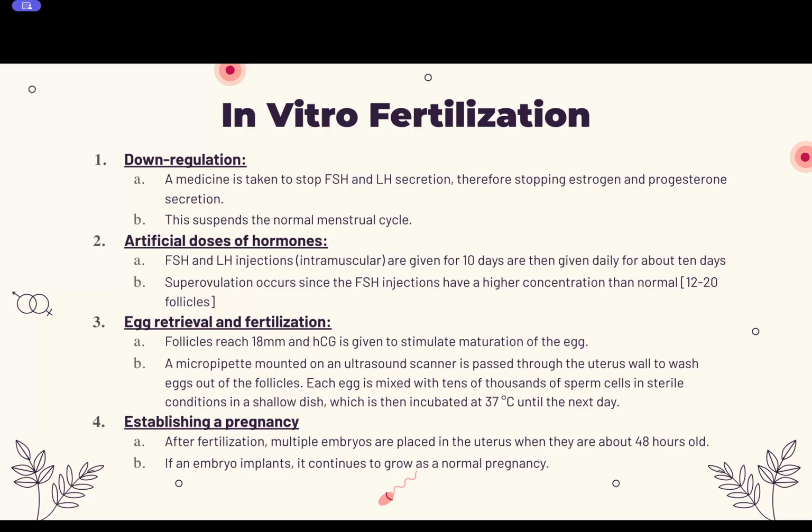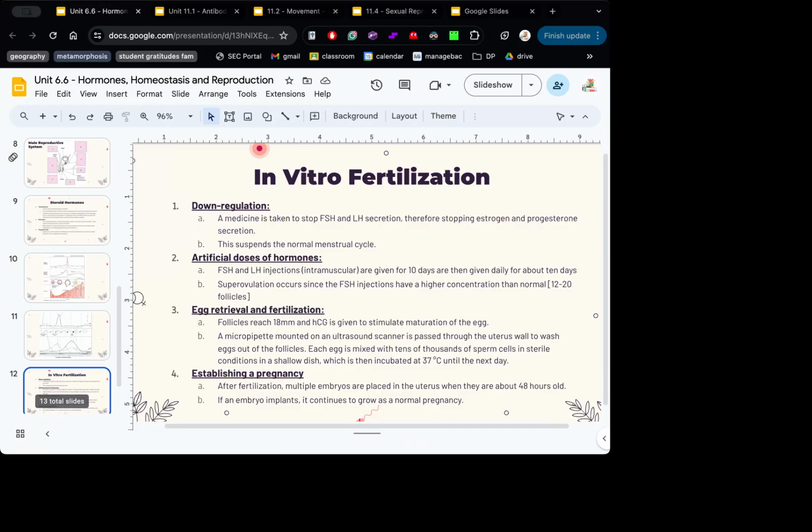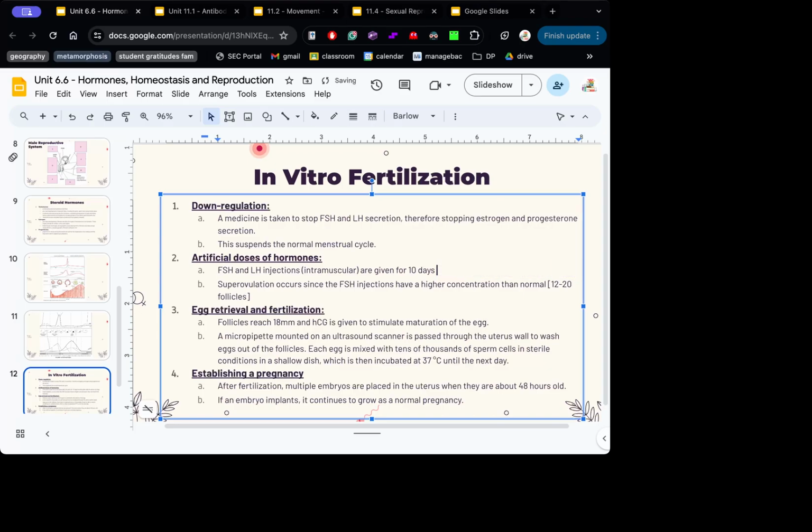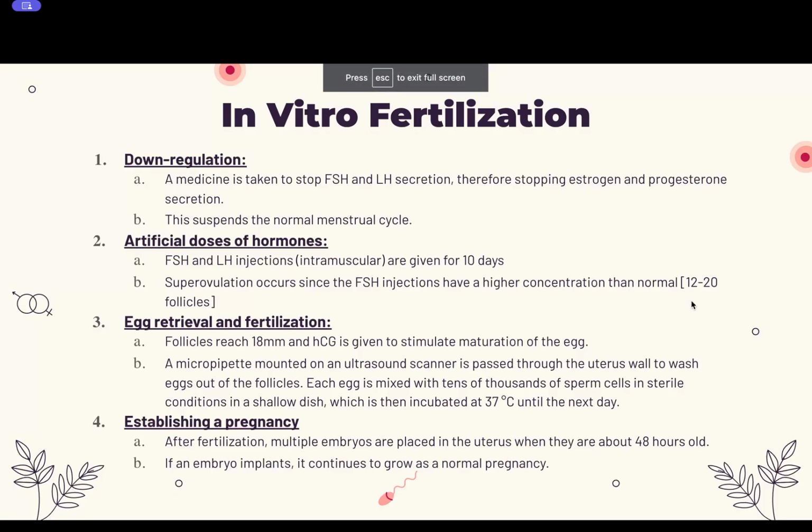The second step is artificial doses of hormones, where FSH and LH injections are given to the female intramuscularly for 10 days to stimulate basically the entire process of the menstrual cycle, but without the entire process.